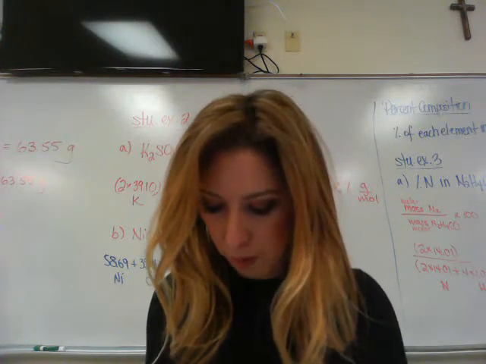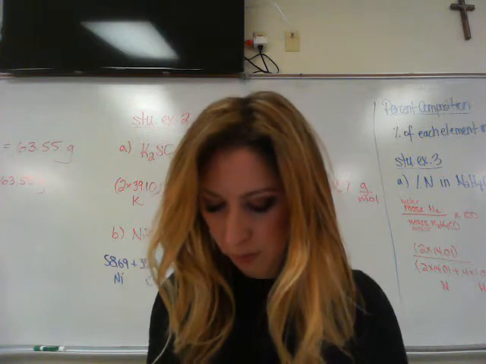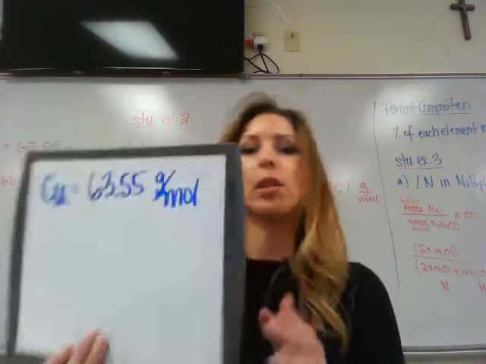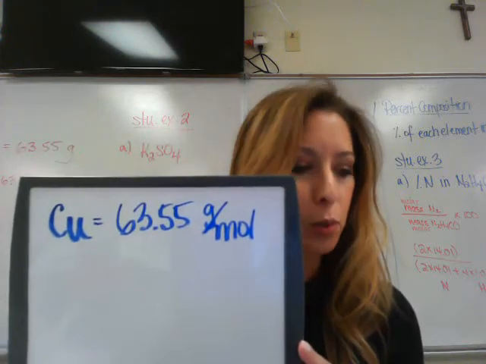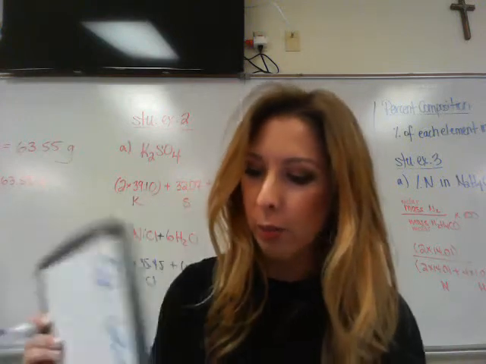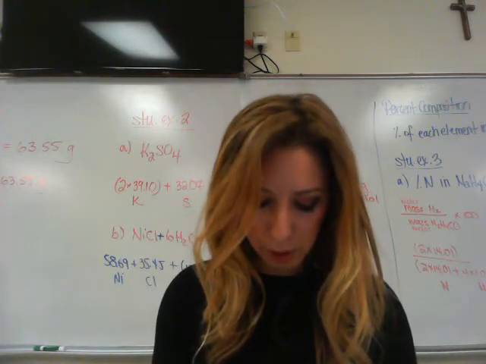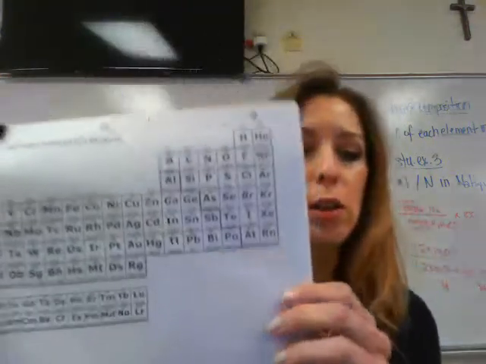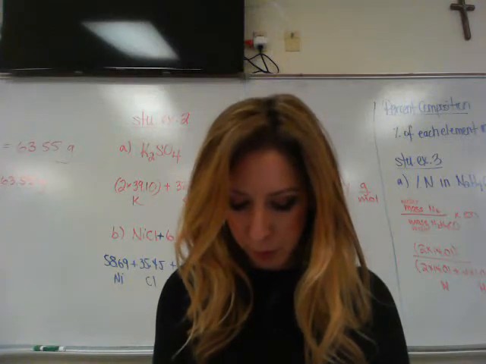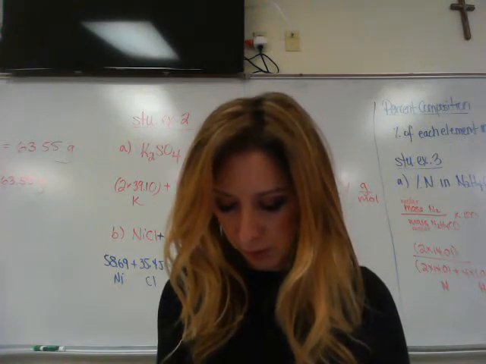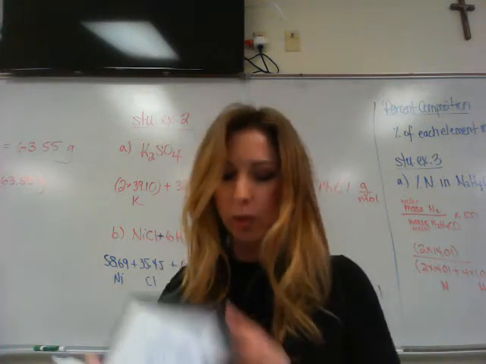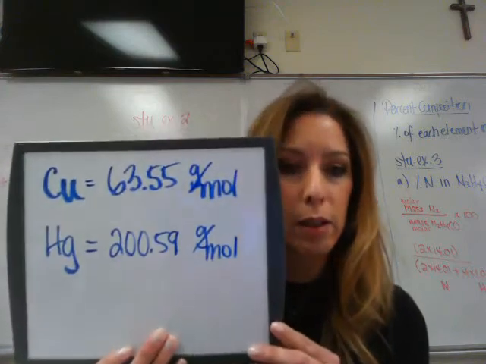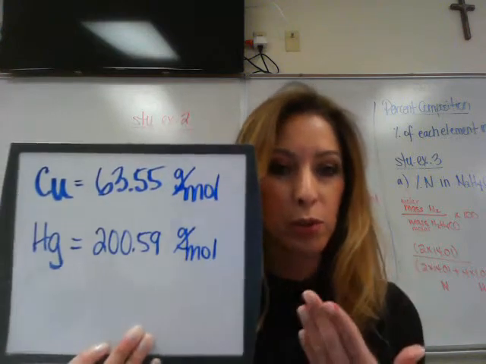So 63.55 grams per mole is the molar mass for copper. Okay? If I want the molar mass for mercury, I would look at the periodic table, and here it is 200.59. So make sure you include your unit of grams per mole.